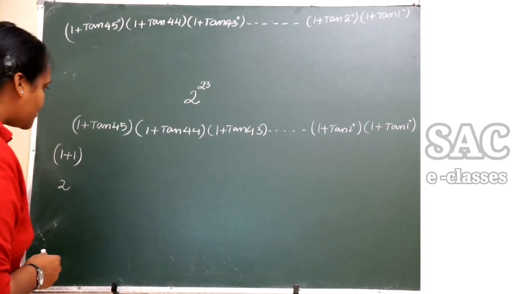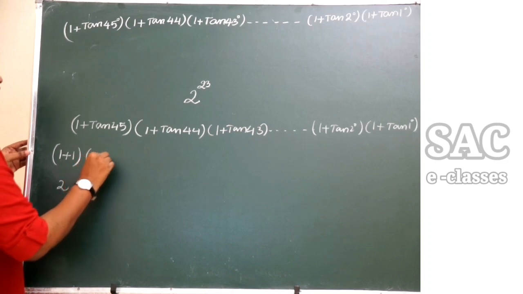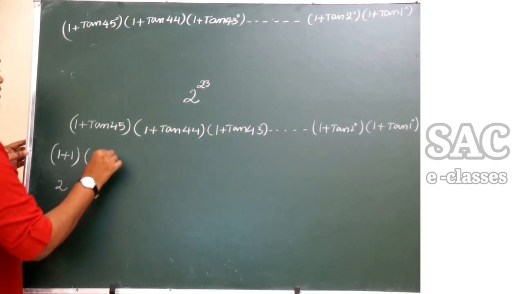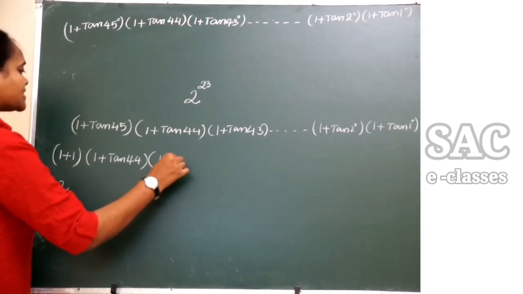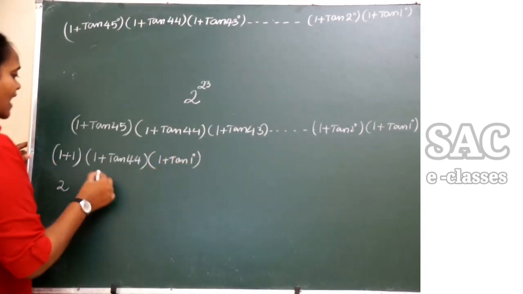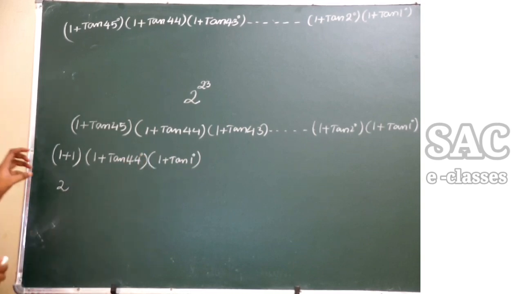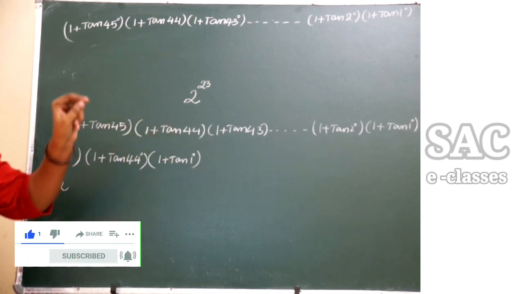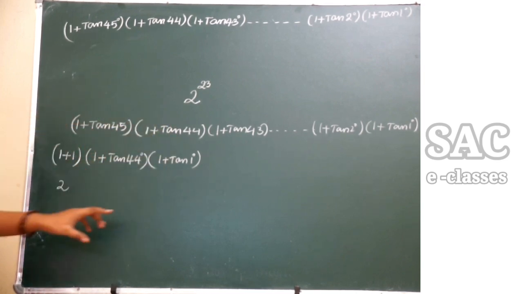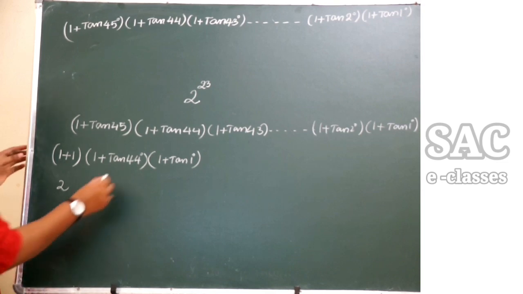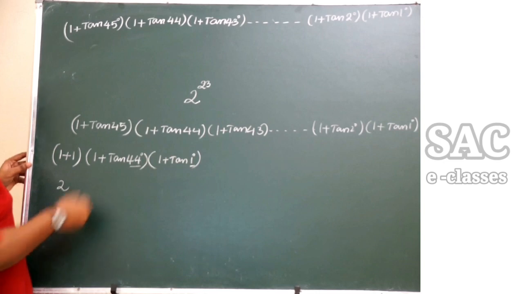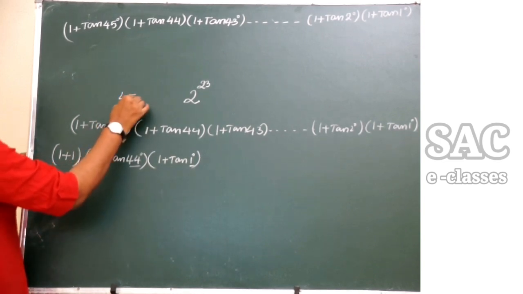So what I am going to do is select (1 + tan 44°)(1 + tan 1°) as a group. Why have I selected this as a group? There is no special reason, except that if I add 44 and 1, I get 45 degrees.